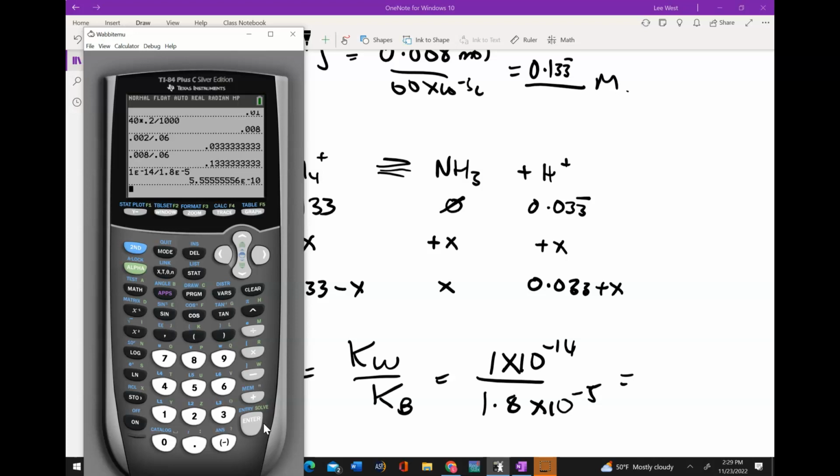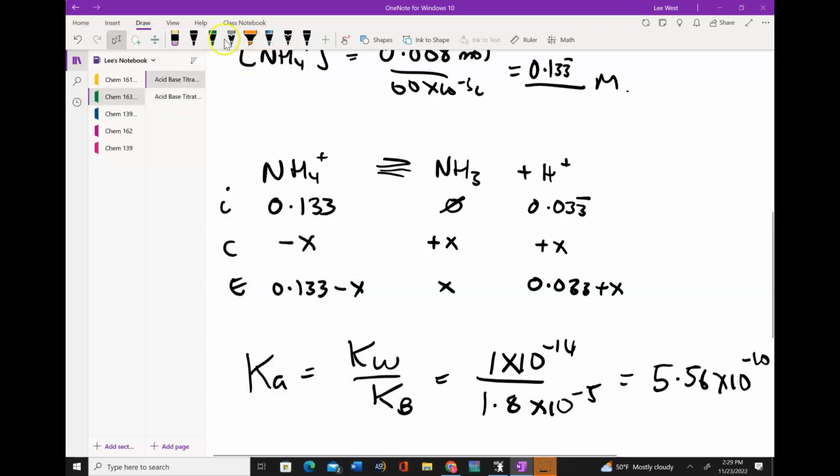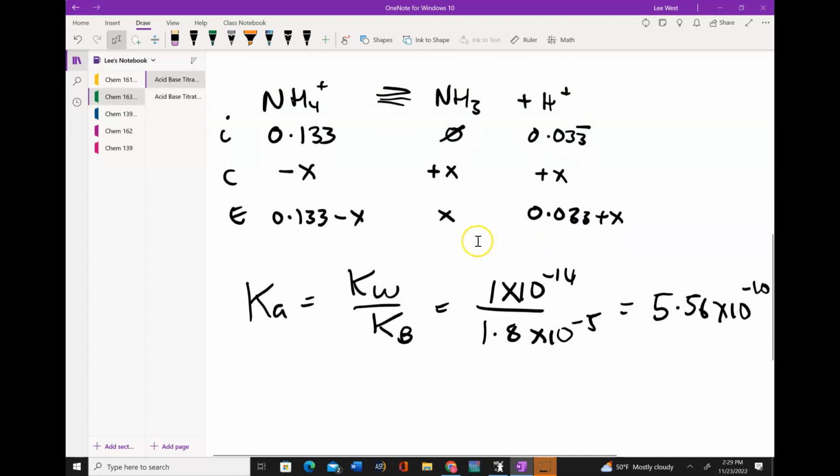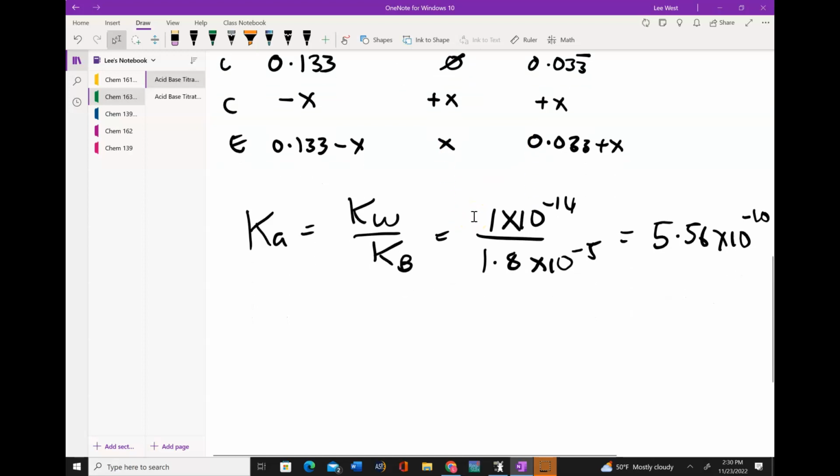There you go, it's 5.5556 times 10 to the minus 10. So that x is going to be itty bitty. There's a reasonable chance that that x is so small that it's irrelevant.